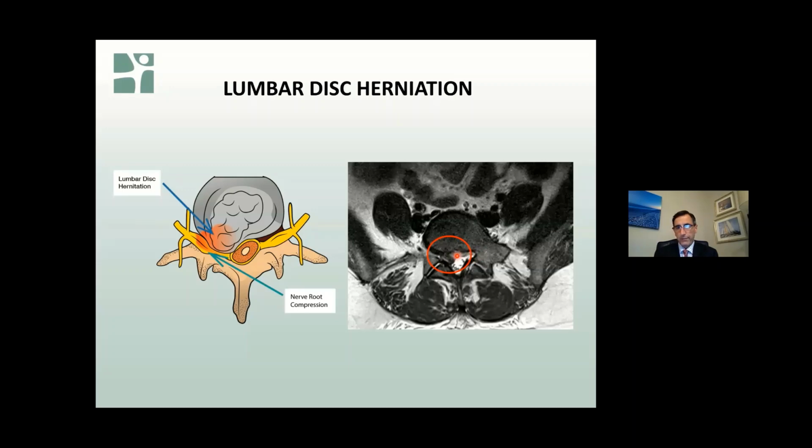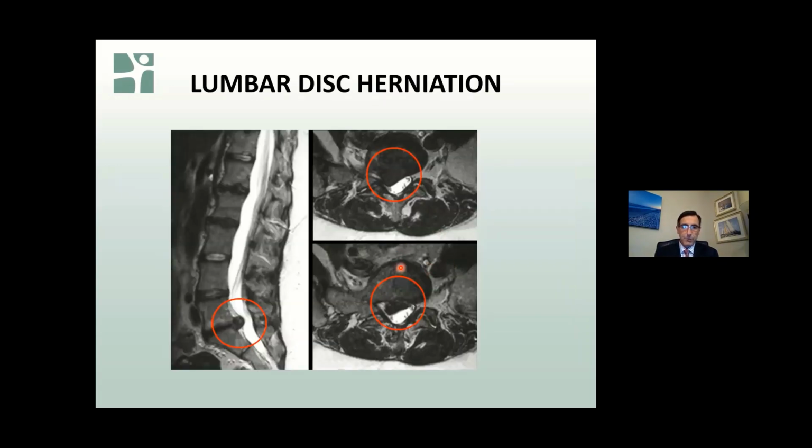But on the right side, this is all herniated disc. That's all cartilage from within the disc, which is now pushing on the nerves. The L5 nerve on this side is somewhere in here getting squashed up against the bone. So the nerve's really being squeezed, and that's clearly going to cause a lot of symptoms of nerve compression. That would be a very typical MRI image of a lumbar disc herniation.